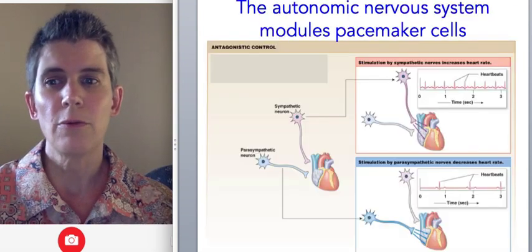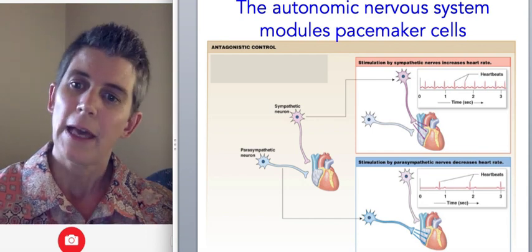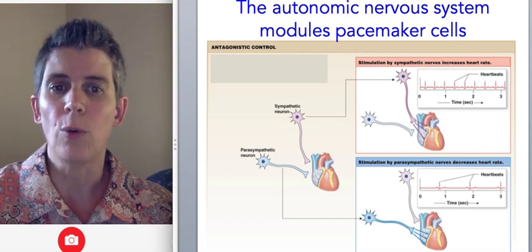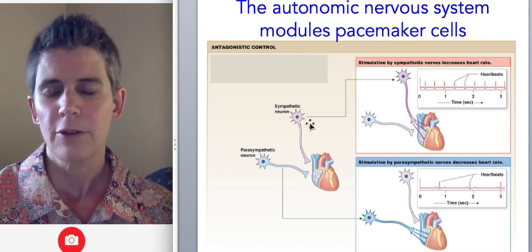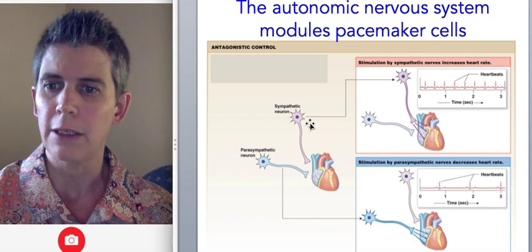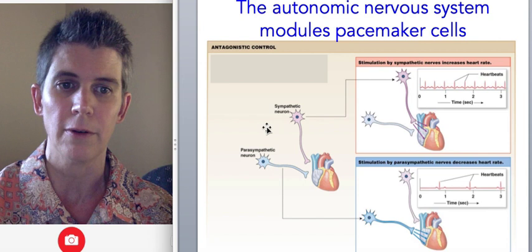Okay, so that's how the heart beats by itself, briefly, and that heart rate is controlled or regulated by the autonomic nervous system. So the autonomic nervous system, as you probably know, has two parts, the sympathetic neurons and the parasympathetic neurons.